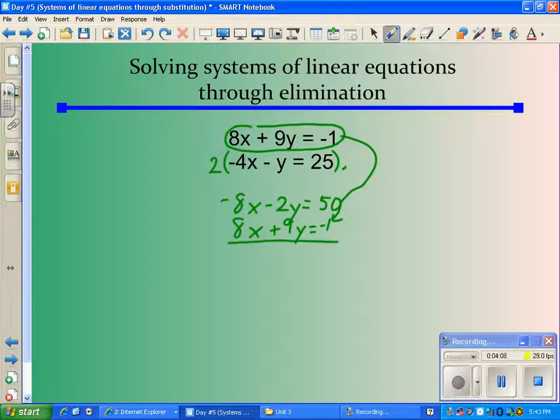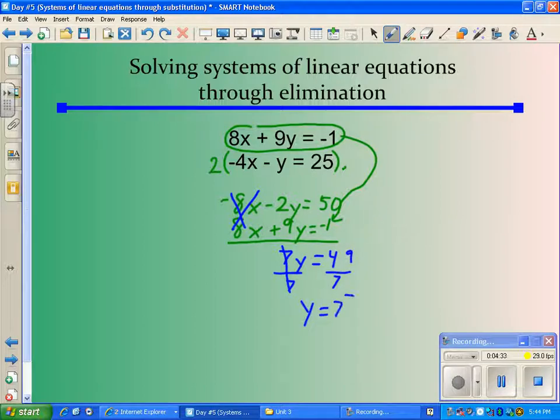So if we add straight down, well, those x's go away. Negative 2y plus 9y gives us 7y. 50 plus negative 1 gives us 49. And we can go backwards to get y by itself by dividing by 7, since we were multiplying that by 7. Well, 49 divided by 7 is 7.